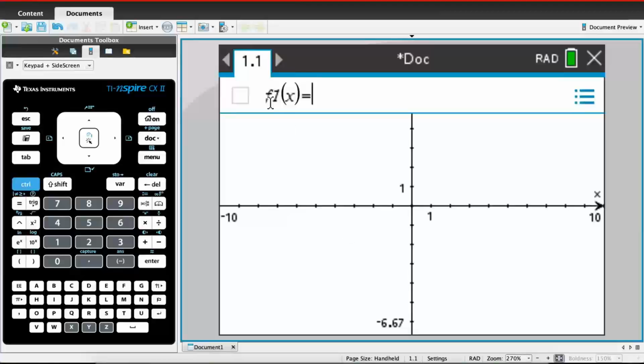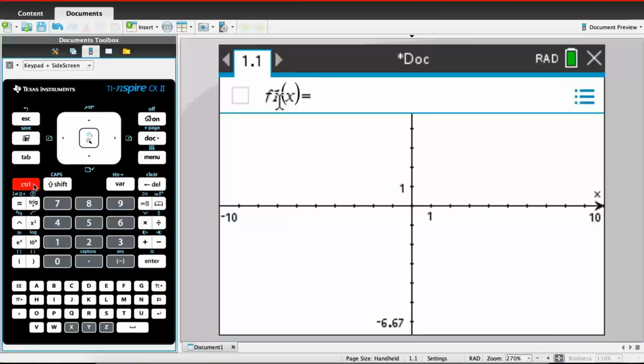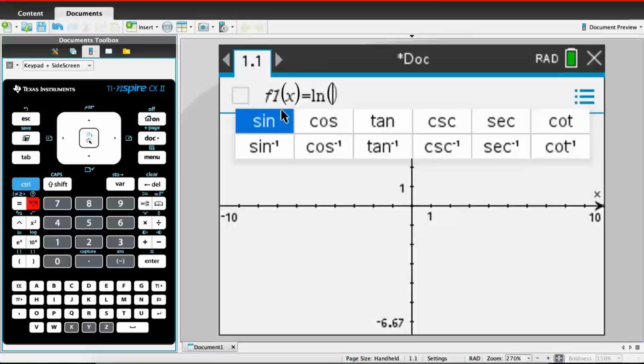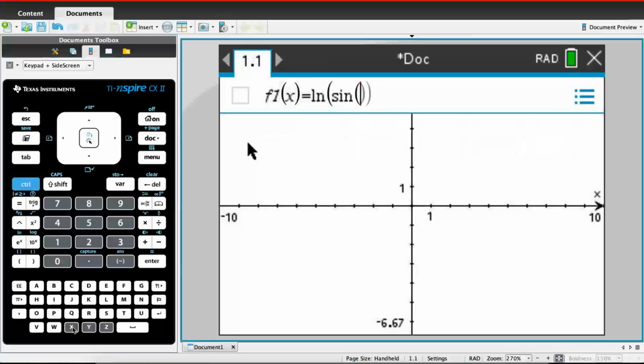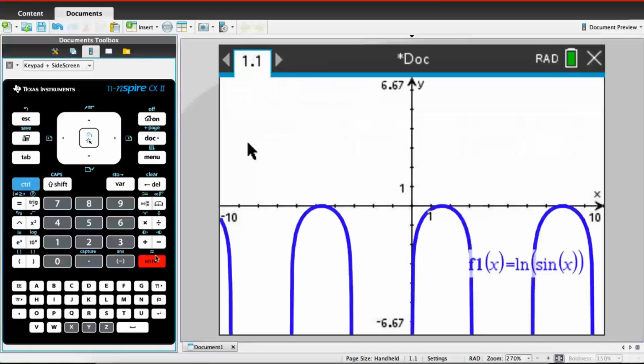So that's going to be f1(x), and that would be the natural log. So control, natural log of sine x. This is what I'm looking at. So notice I'm in radians, so I'm using my graph in radians.